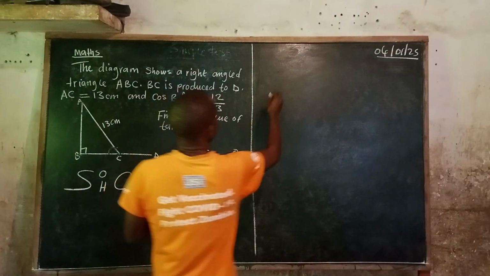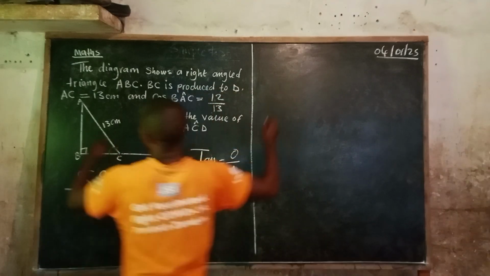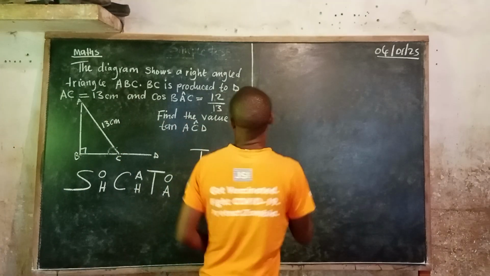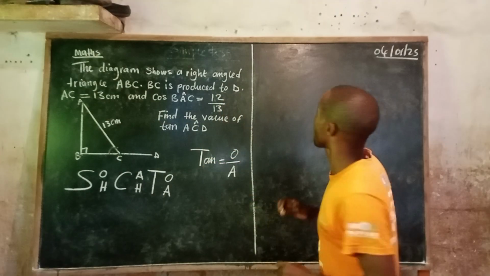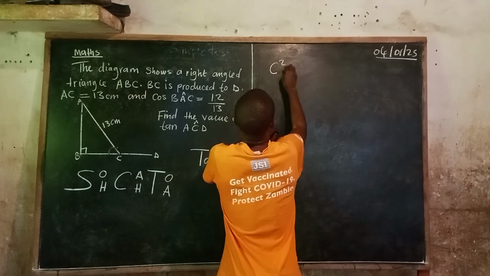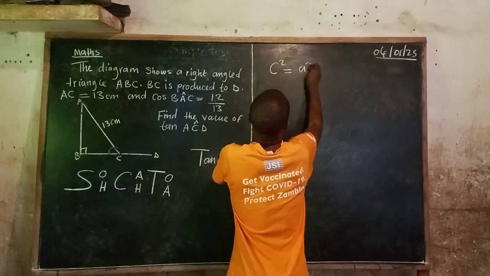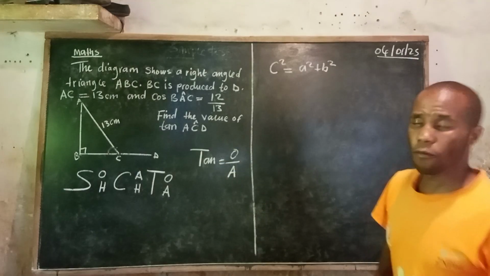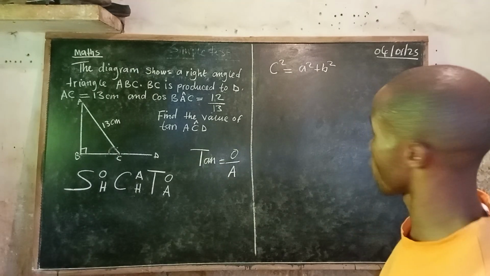So Pythagoras theorem states this, always, remember, let me first use the first three letters of alphabetical order, which is A, B, C. So C squared is equal to A squared plus B squared. Okay, so that is the formula for Pythagoras theorem.